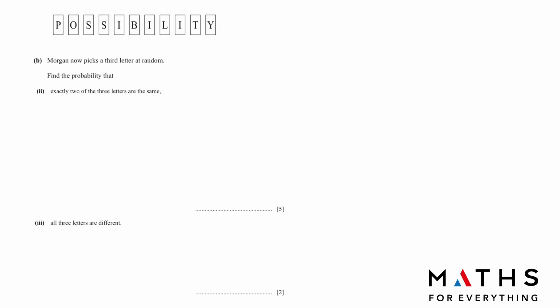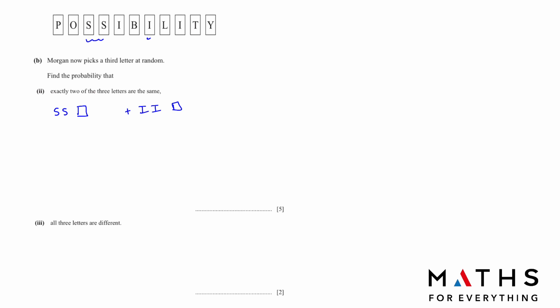Now part B2, exactly 2 of the 3 letters are the same. So 2 letters are exactly the same. We have 2 or more than 2 only S and I. So it can be S, S, and the third letter can be any letter. Or it could be I, I, and the third letter can be any letter.